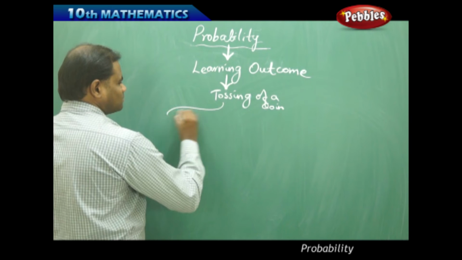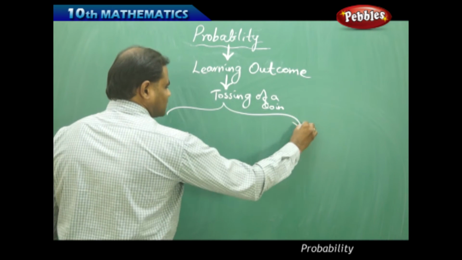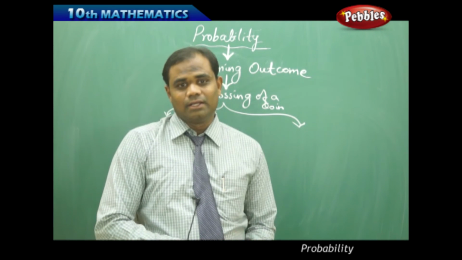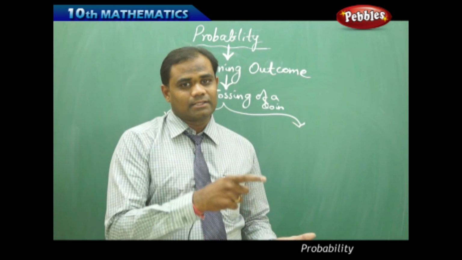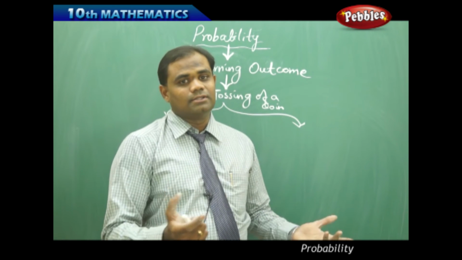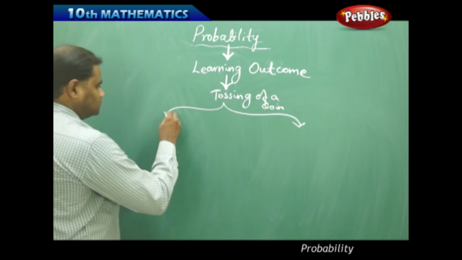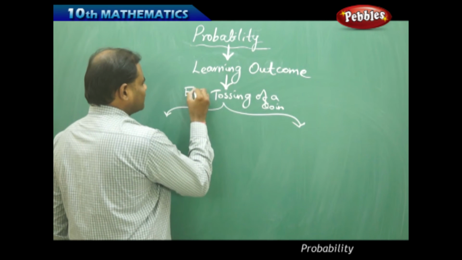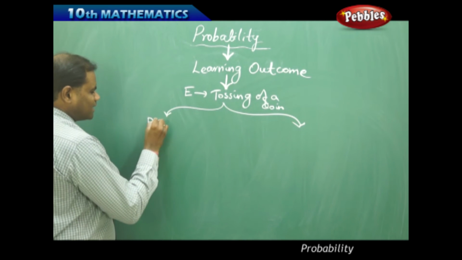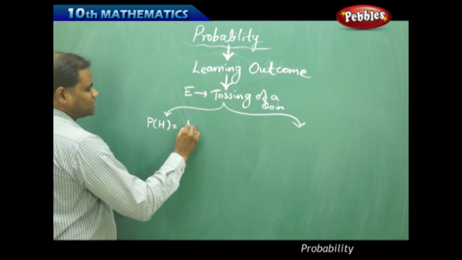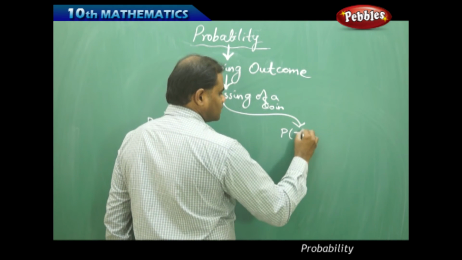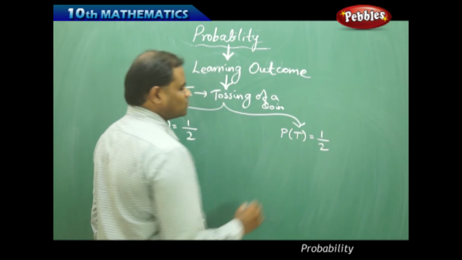When I toss a coin, as I have seen in my previous activity, initially I got the head, and in the second chance I got the tail. So when the event is tossing of a coin, the probability of getting a head is 1 chance out of 2, and the probability of getting a tail is 1 chance out of 2 equally.